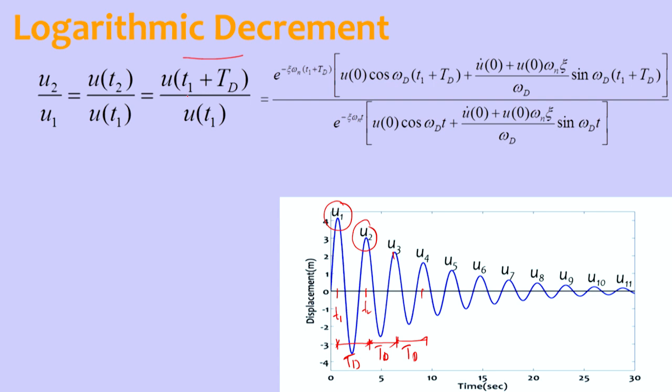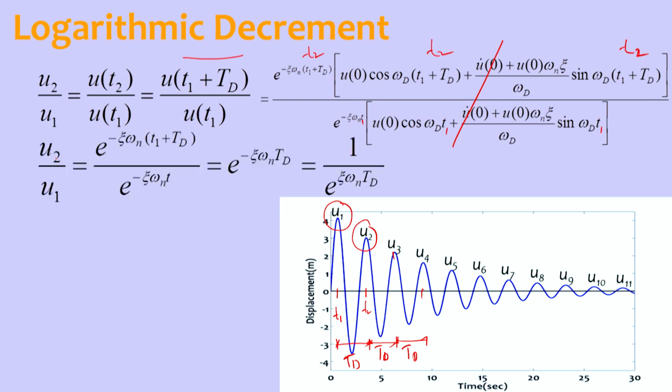If we write this U(t) expression, and in place of T2 we write T1 plus Td, then in this expression we can clearly see that the bracket terms in the numerator and denominator are the same. So we are left with only the outside terms, the exponential terms. These two things will remain.